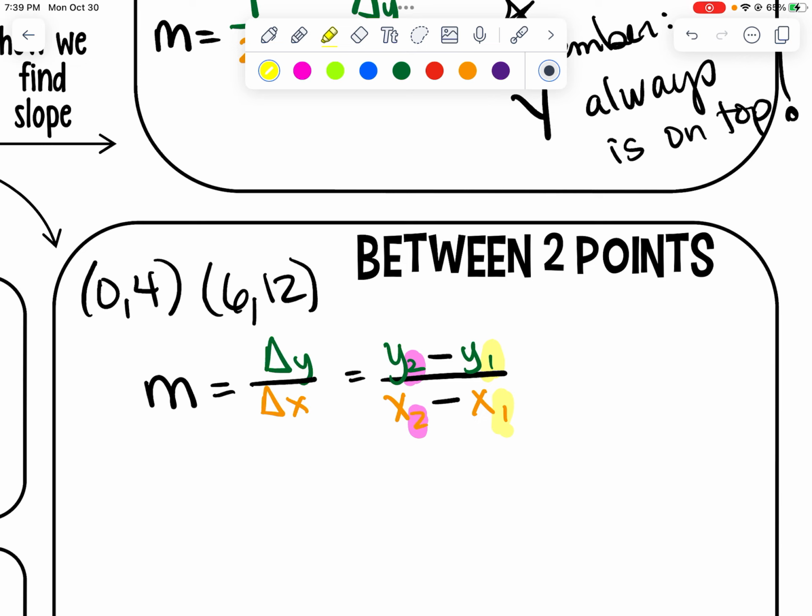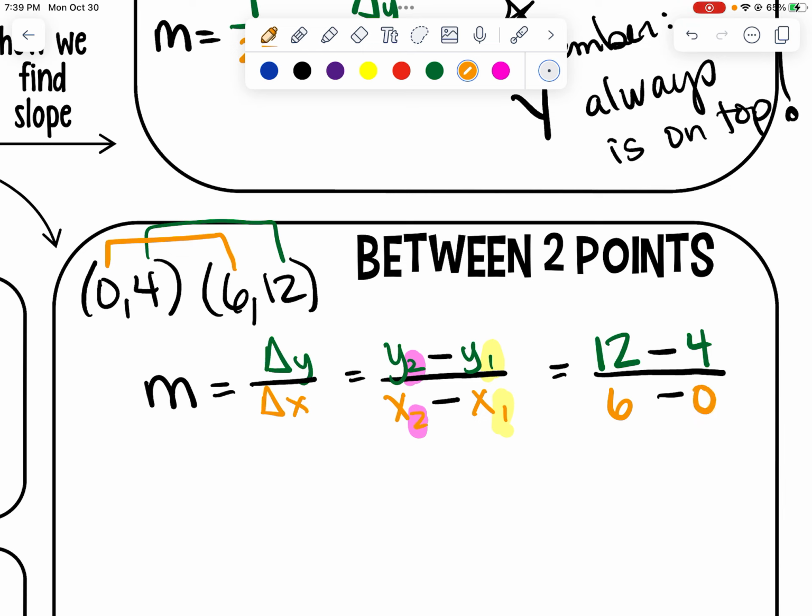So, if I look at this, I'm going to subtract my y's. Does it matter which one comes first? It does not. 12 minus 4. Then on bottom, because I used 12 first, that means I need to use 6 first on the bottom.